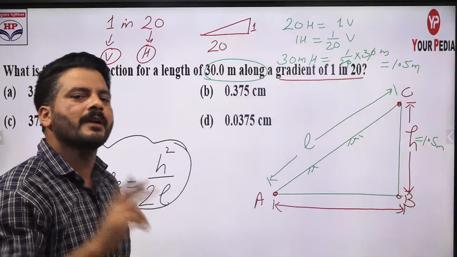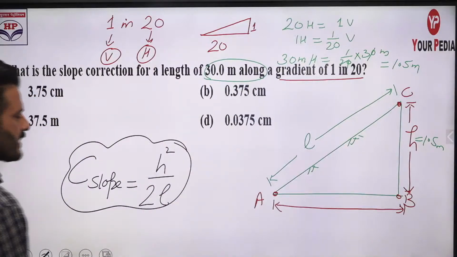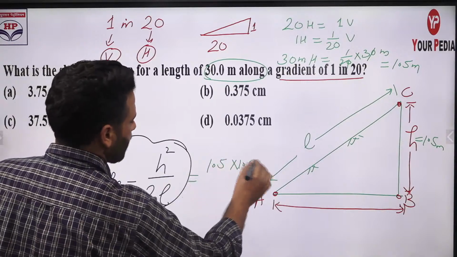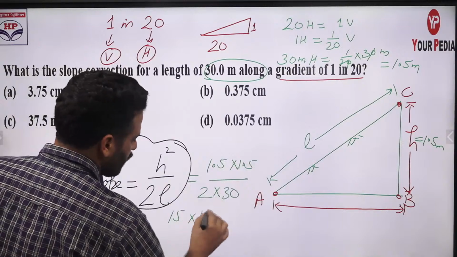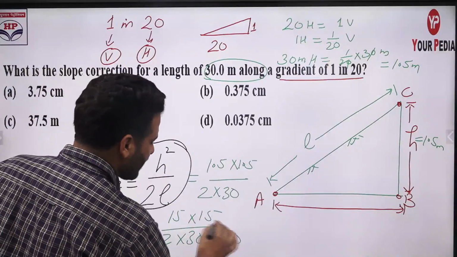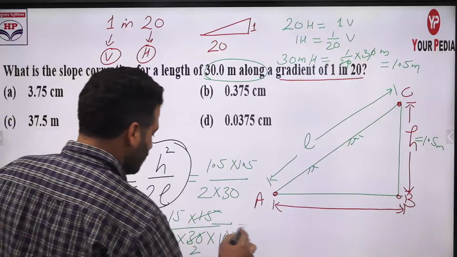Exactly what it will be, we will do when we study surveying in detail. So h is 1.5, just 1.5 into 1.5 divided by 2 into 30. So 15 into 15 divided by 2 into 30. I just removed the decimal. So this is 15 by 4.